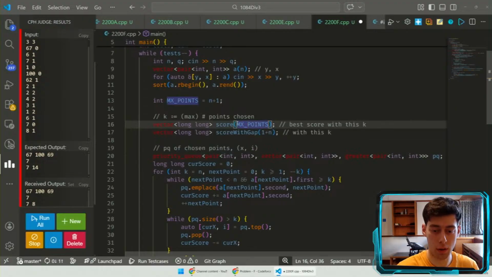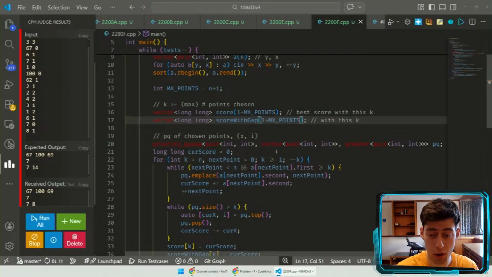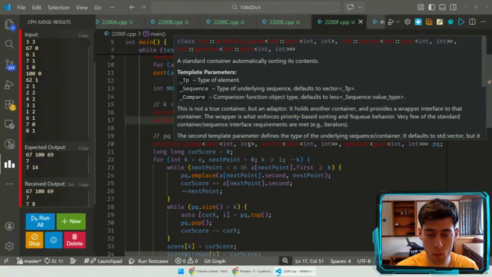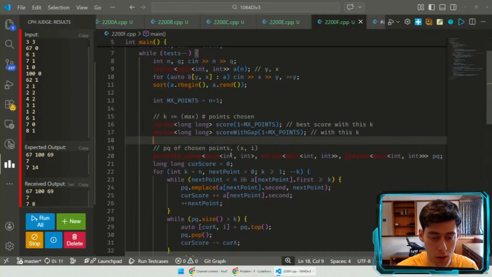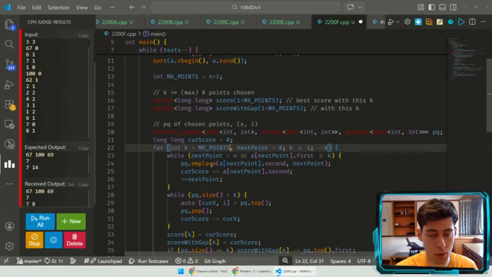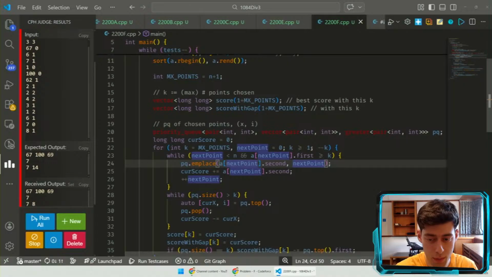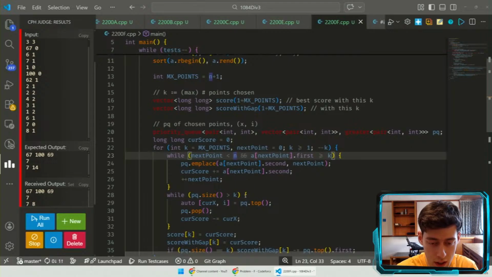But actually, I could be taking n plus 1 points in the final answer. So where am I using n here? Okay, k equals n. I'll just start with n plus 1 here. So basically every use of the variable n, I just have to check. So this use is fine because it's just an index.